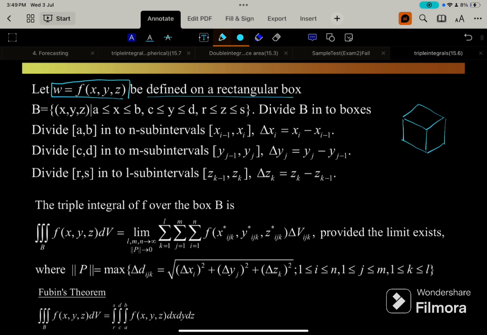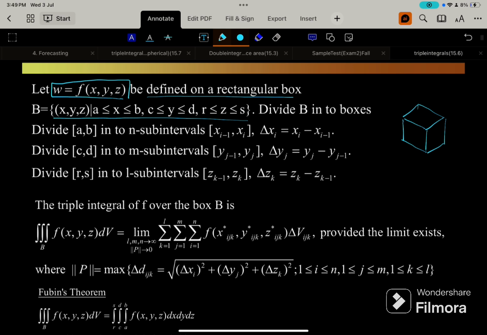So the box is basically B, the set of x, y, z, where x is bigger than a and smaller than b, y is bigger than c and also smaller than d, and z is bigger than r and smaller than s.